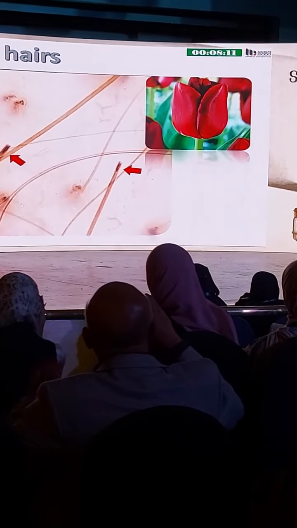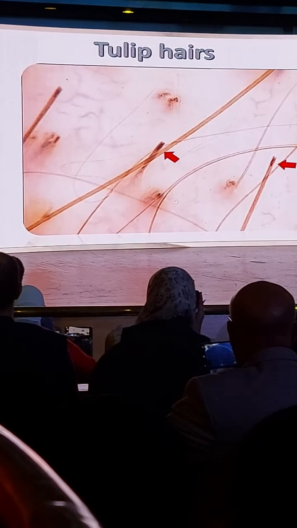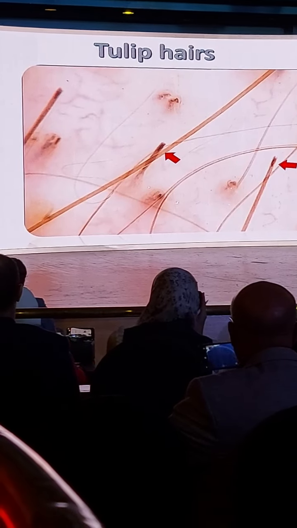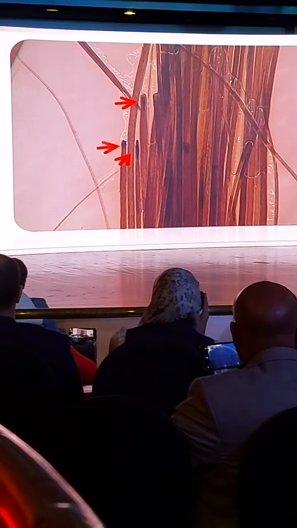And the tulip hair, this is another specific feature for trichotillomania, with a darker portion of the hair shaft. It looks like the hair shaft is empty inside, and the name, of course, is caused by the shape of this distal part resembling a tulip flower.